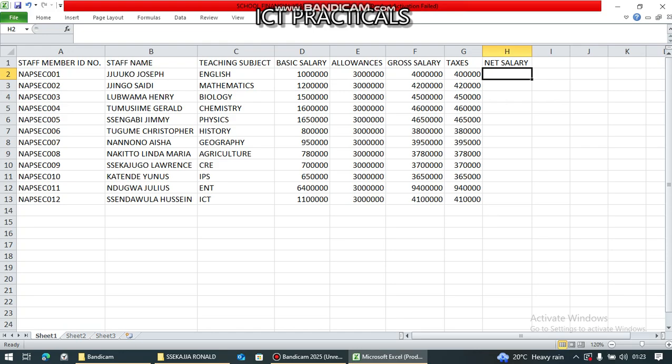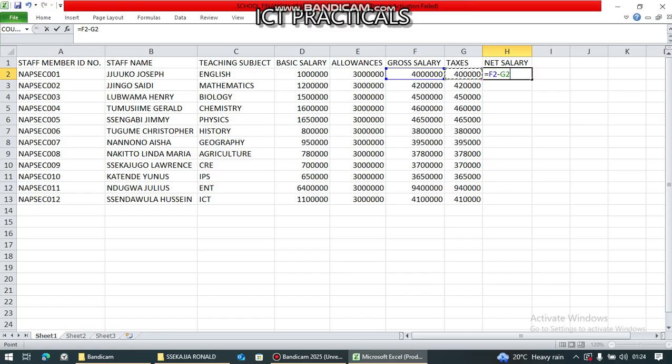So we use the formula equals, you go where the gross salary column is, press on this reference which is F2, then you press the operator which is the minus sign or subtraction, then you subtract the taxes that are under D2. But it's not guaranteed that all columns will lie under that cell reference. You may find it in H, you may find it in F, so it depends. So we shouldn't cram about that.